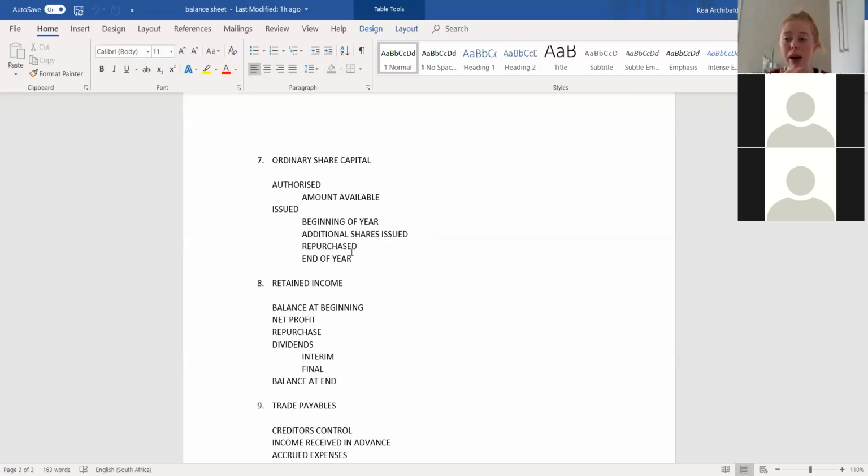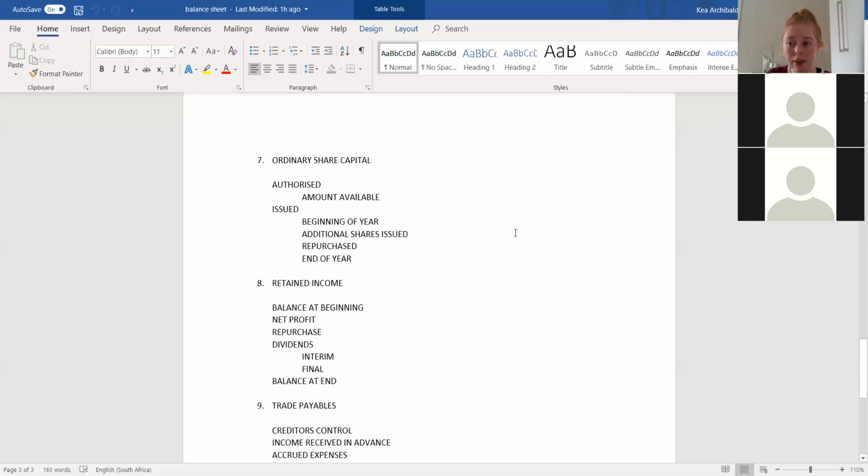So if my repurchase happens after I've issued shares, so say now I issue shares at a higher price, I'm going to find the total average price. I'm going to say my balance at the beginning plus the total amount of the additional.